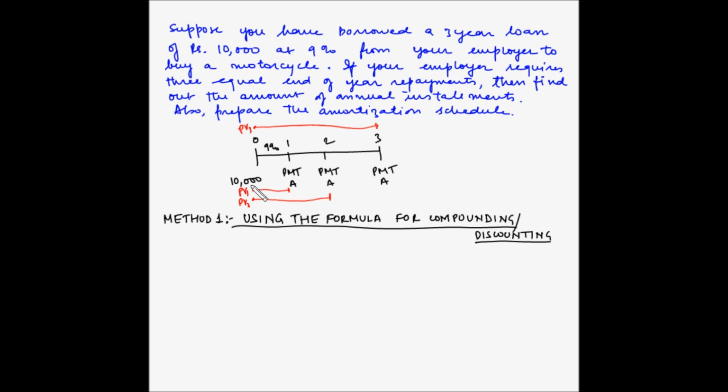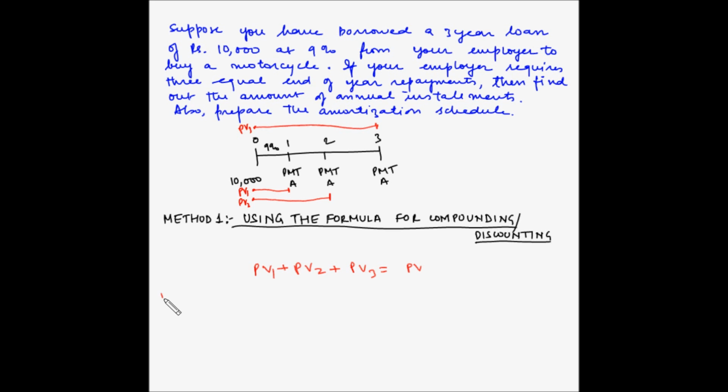So basically PV1 plus PV2 plus PV3 is equal to PV, and this PV is nothing but 10,000 rupees. So let's now find out the values of PV1, PV2 and PV3.